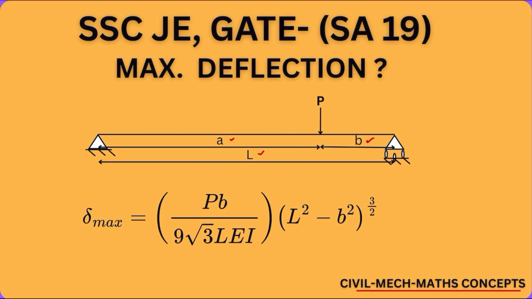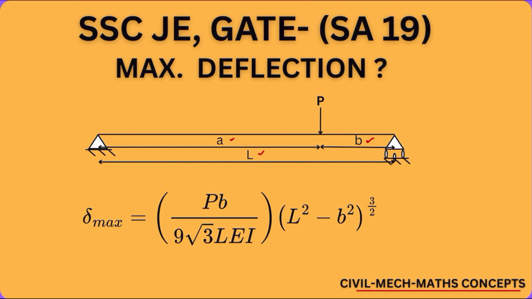We have to find the maximum deflection. It's not the deflection under the load. The point of maximum deflection is different from the point of application of the load. The maximum deflection depends upon A and B and also L, the length of the beam.